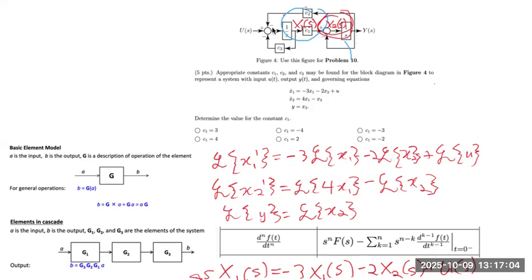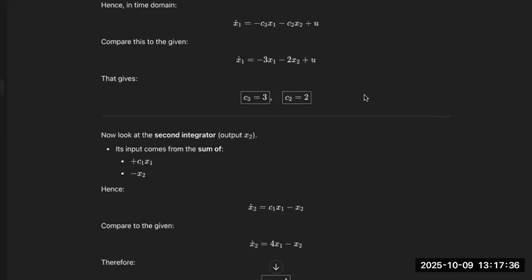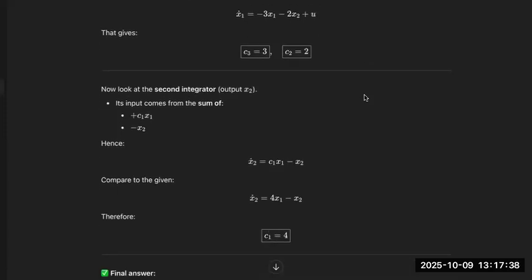Basically, I guess how this works is that we take this portion and it goes into the first integrator, and then the things that go into the second integrator is the combination of these terms. So since the sum comes from this, x2 dot is equal to c1 x1 minus x2, and we compare this to the given equation, which is 4x1 minus x2, and we can see that c1 is equal to 4.